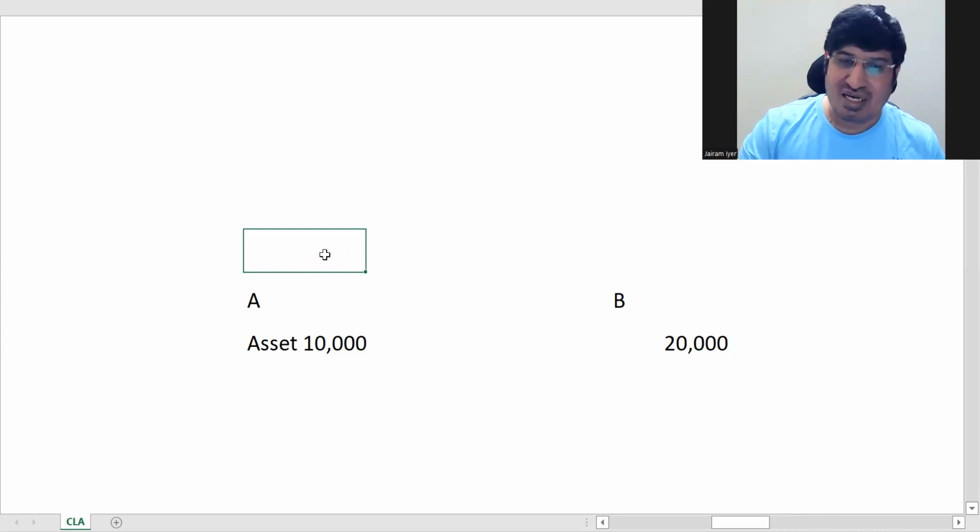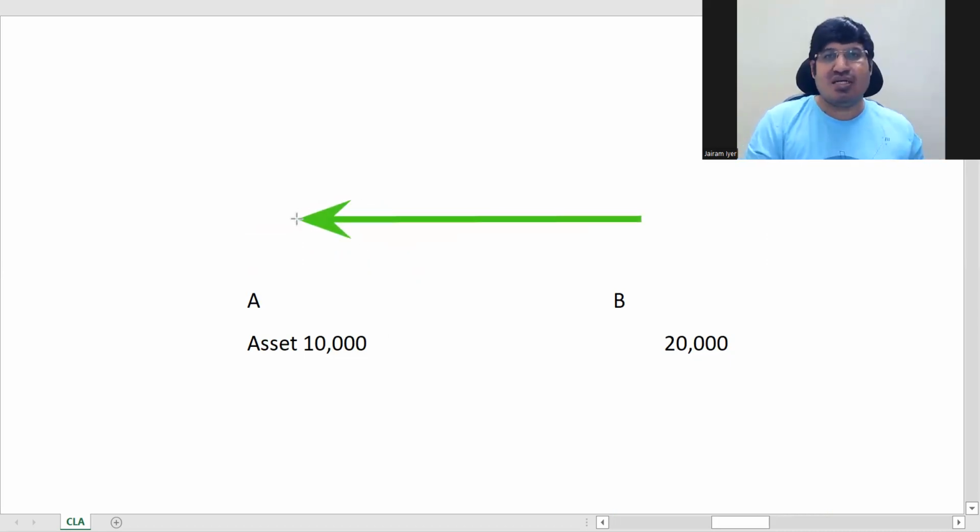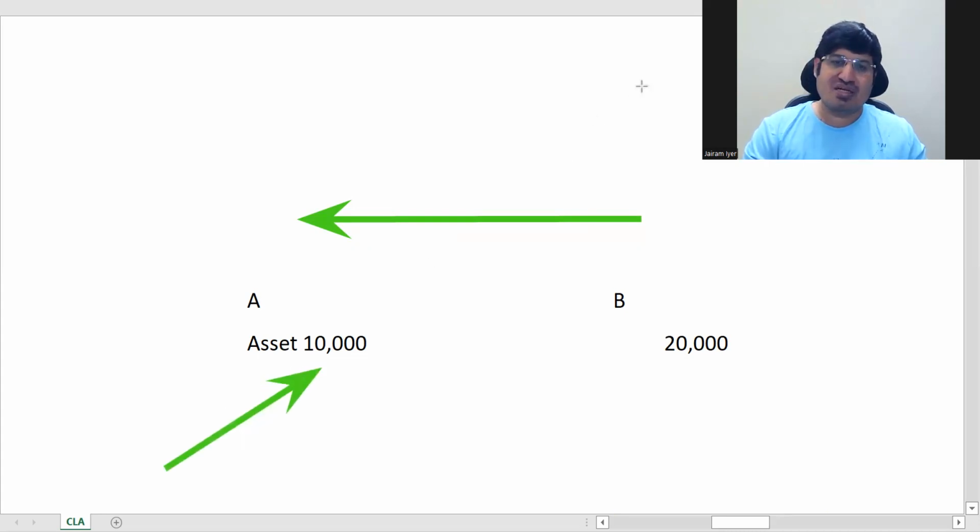You do one thing, you lease it out to me. So now he will lease out the asset to him for a higher value. Leasing means it will again be a deduction in the P&L and he can save tax. The lease will be made for a higher amount. So in this case again, the original WDV, that is 10,000, will be taken.